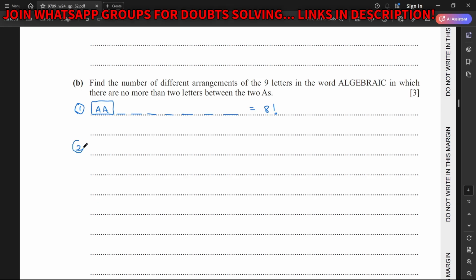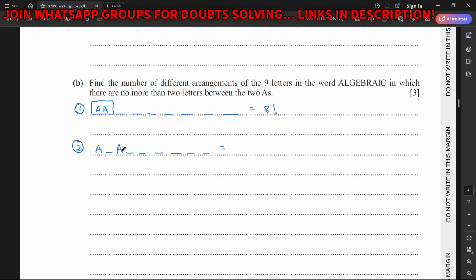Now for the second possibility, in which I can have one letter between the two A's, it will be something like this: A dash A. So 1, 2, 3, 4, 5, 6, 7, 8, 9. First of all, let's see in how many ways we can have the A's arranged such that there is one empty space between them that can be filled by any other letter.